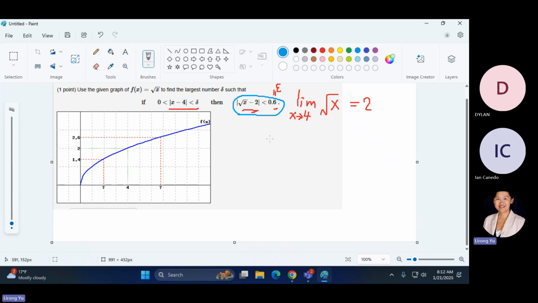We would have a negative 0.6 and a positive 0.6. So negative 0.6 is less than root of x minus 2, which is less than positive 0.6. That's how we expand and remove the absolute value symbol.